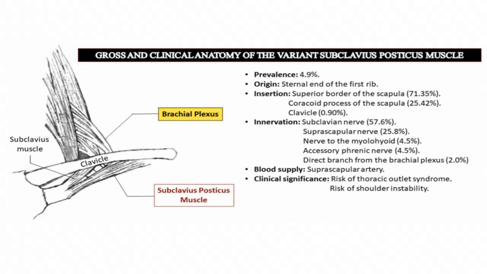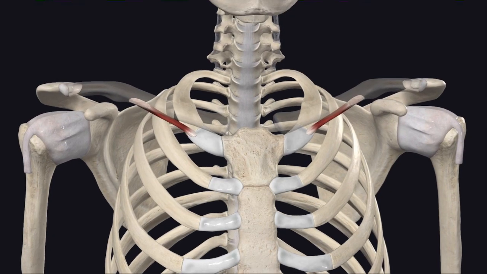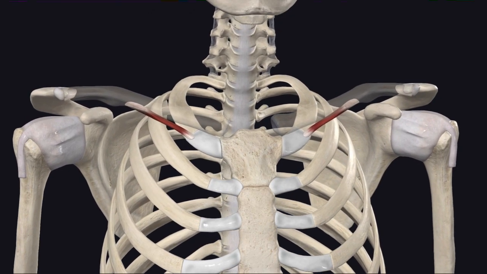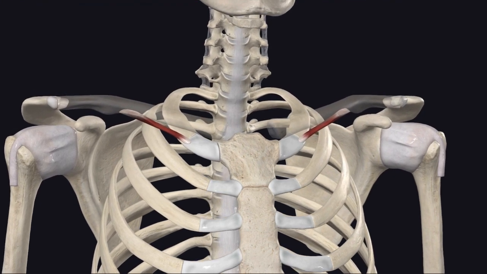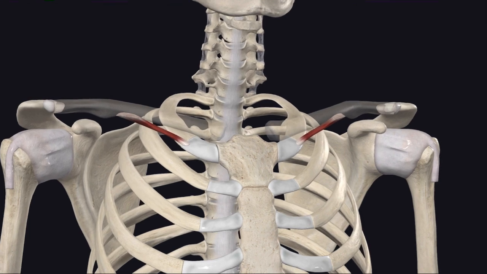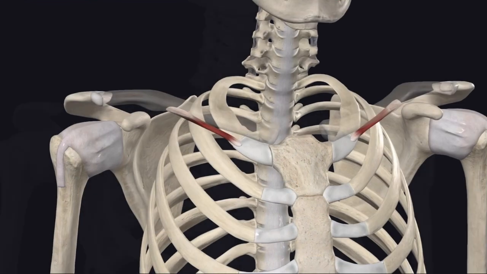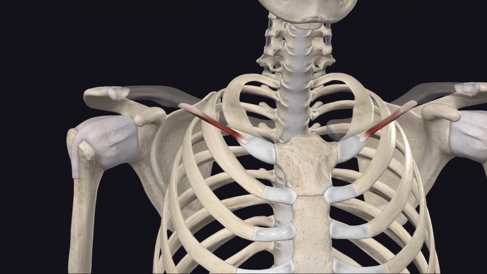In fairness, due to its location and orientation, even an anatomically unremarkable subclavius could contribute to or be involved in that thoracic outlet syndrome pathology. While the normal subclavius provides passive stability and protection, it can be a hidden source of some significant dysfunction.